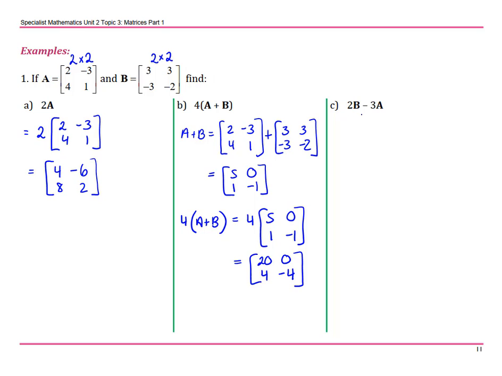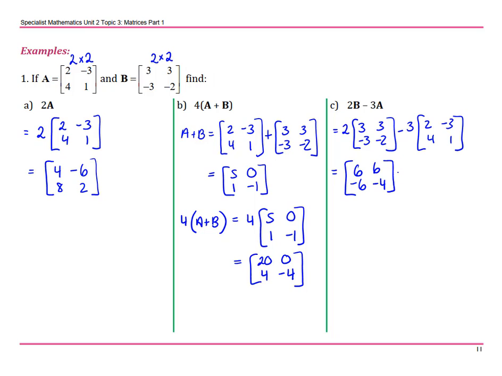Finally, 2 lots of B minus 3 lots of A. So 2 lots of 3, 3, -3, -2, minus 3 lots of 2, -3, 4, 1. So multiply each of those. I've got 6, 2 times 3 is 6, 2 times -3 is -6, 2 times -2 is -4, minus 3 times 2 is 6, 3 times -3 is -9, 3 times 4 is 12, 3 times 1 is 3.